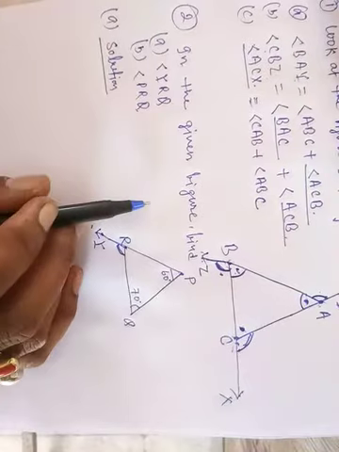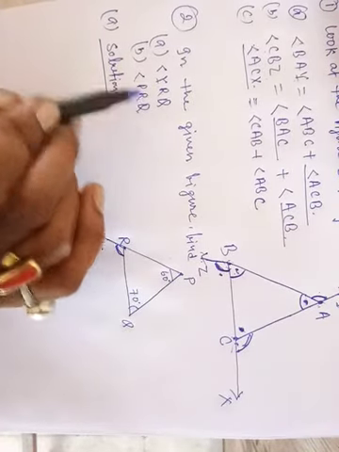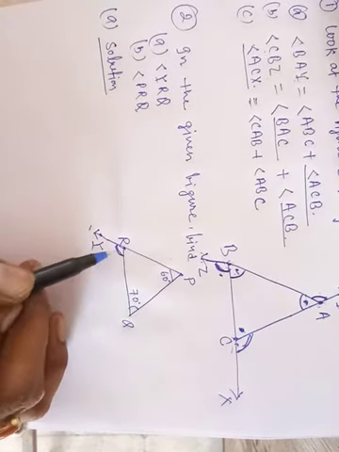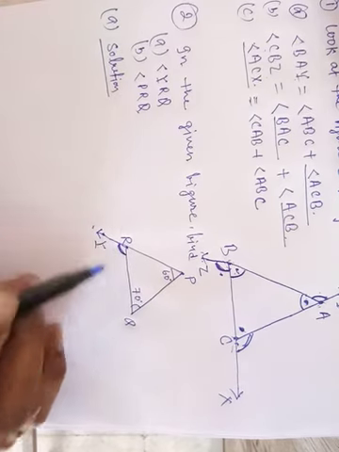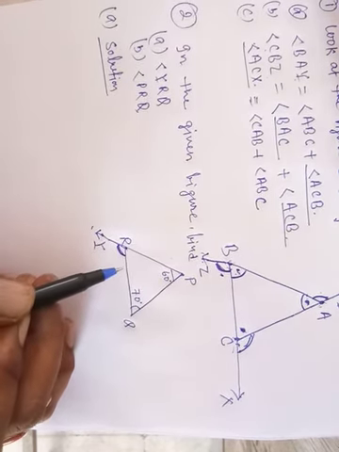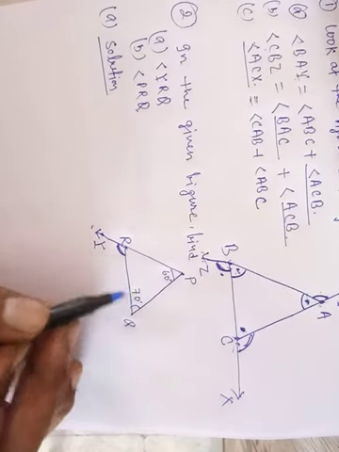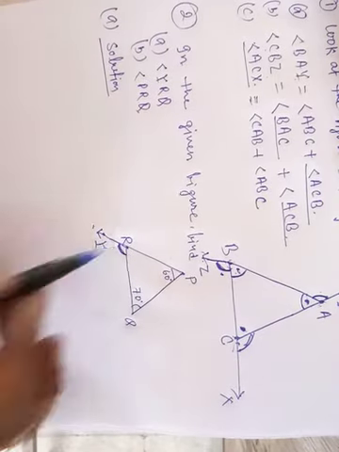In question number 2, in the given figure, find angle YRQ and angle PRQ. Where is angle YRQ in the figure? This angle. And we know that the sum of the opposite interior angles is equal to the exterior angle.